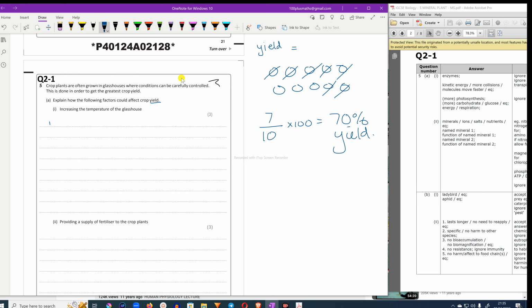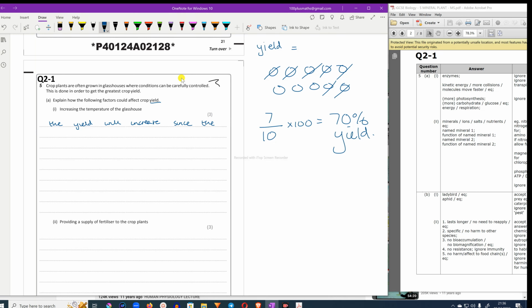Right. The yield will increase since when you increase temperature, you increase the kinetic energy. That means that they move faster. You've got more successful collisions per unit time. Okay.